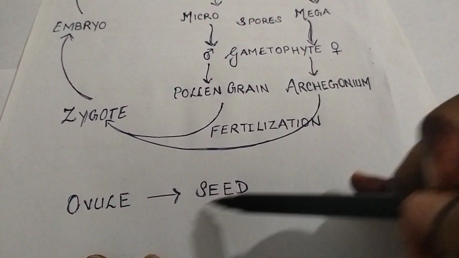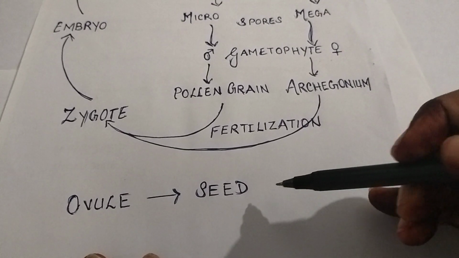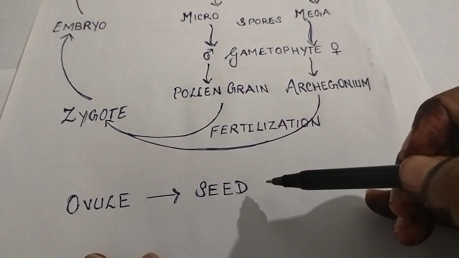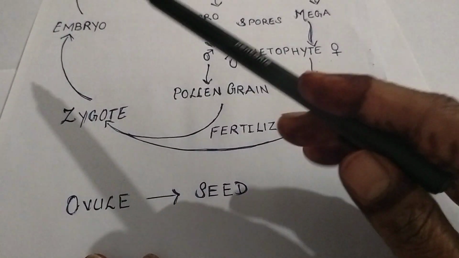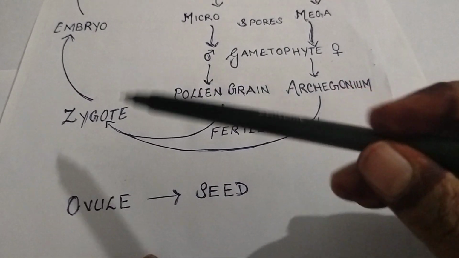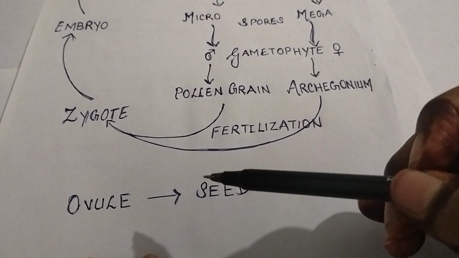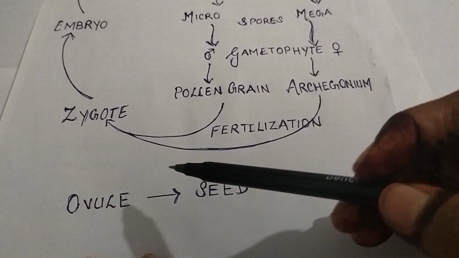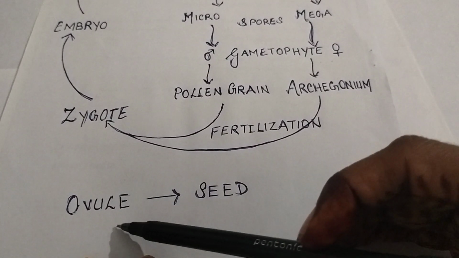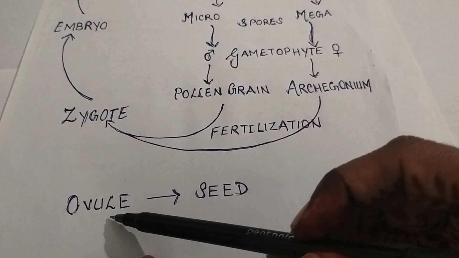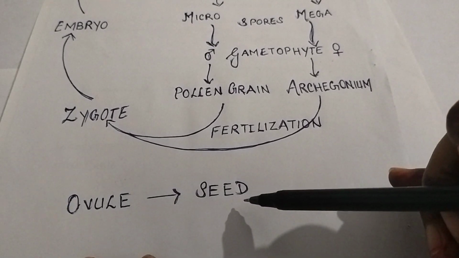Remember it? Here the seeds have started. In pteridophytes we studied that the zygote develops into an embryo, the precursor of seed formation. Now here we have specific ovules which develop into seeds.